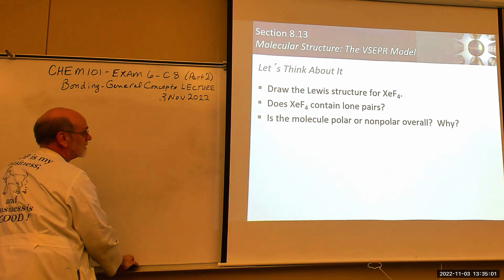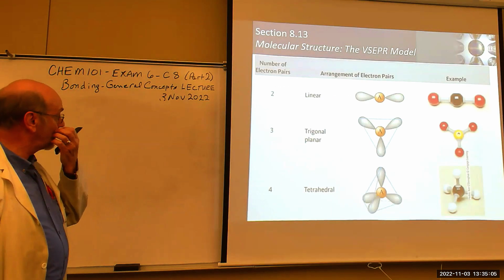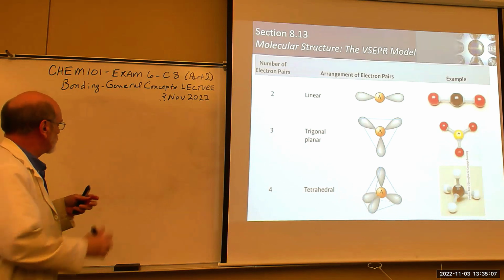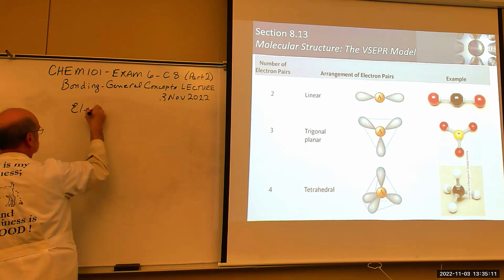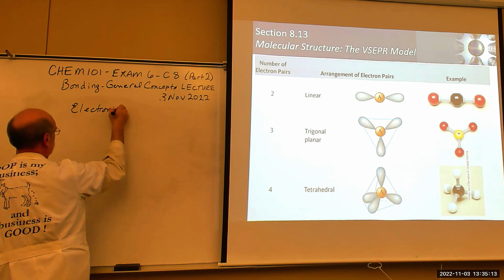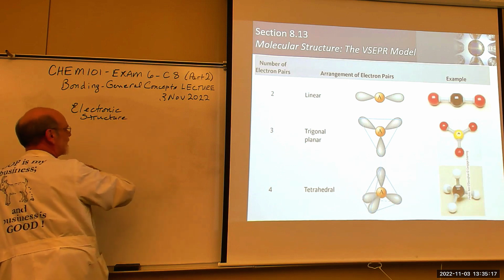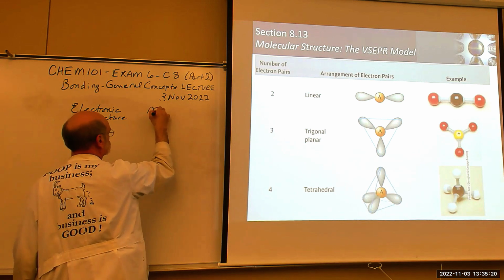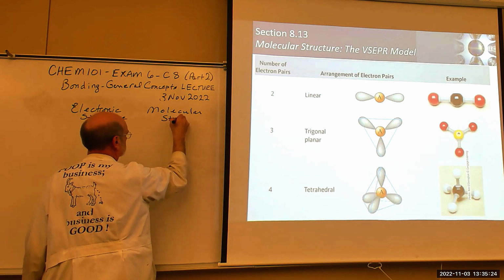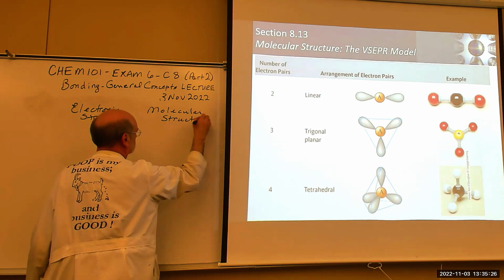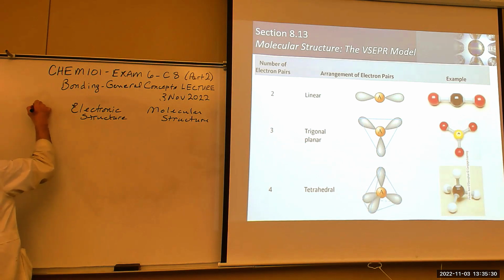All right, so let's get some idea of how to select. The first thing we have to do is find the electronic structure, then we can proceed to the molecular structure. This depends on the number of groups.